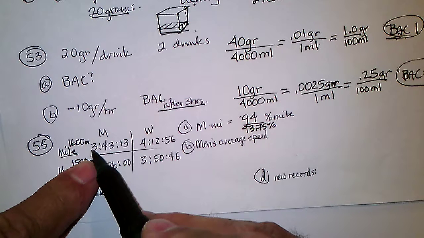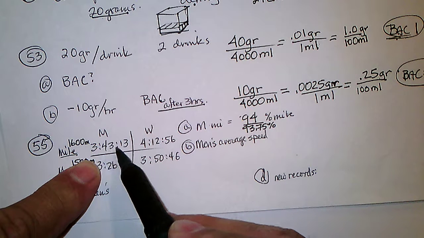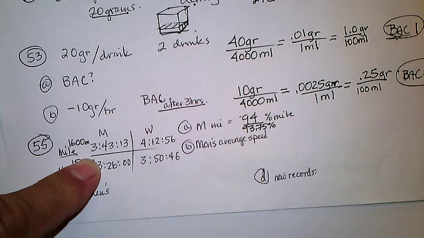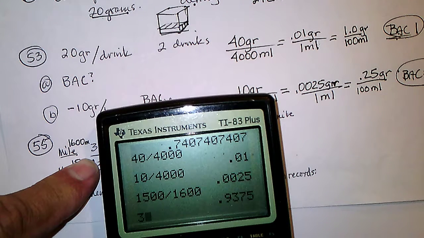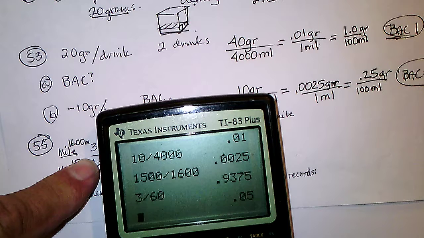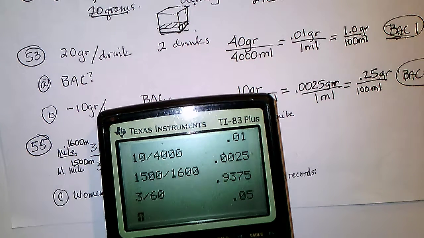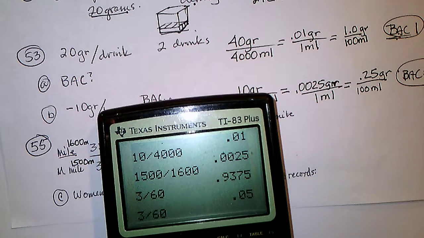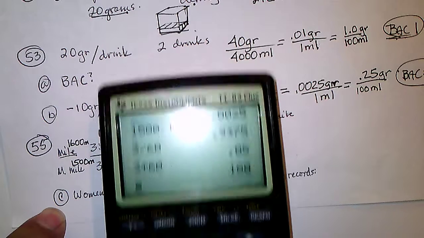So this says 3 minutes, 43.13 seconds. Well, 3 minutes times 60 seconds in a minute is 180 seconds.